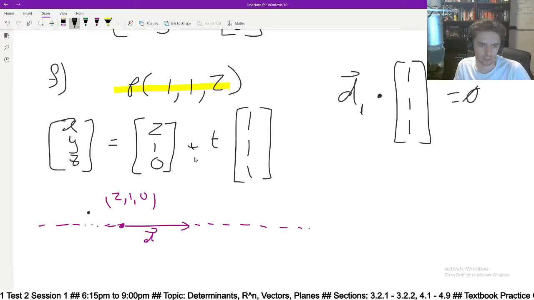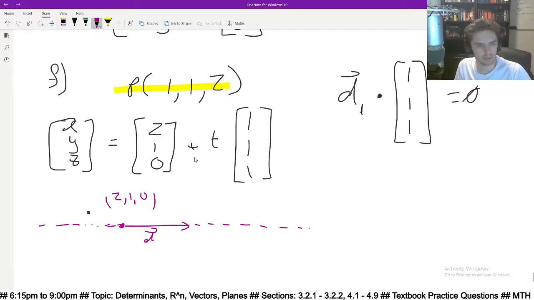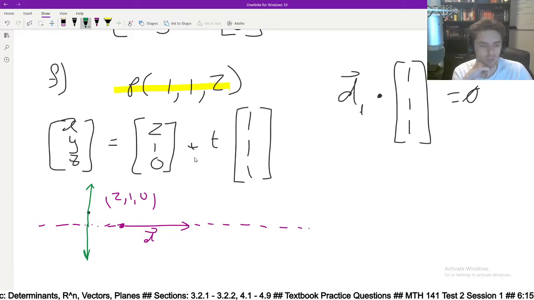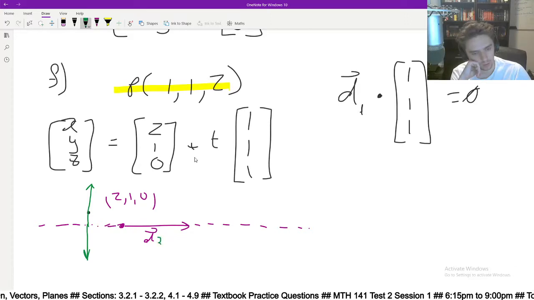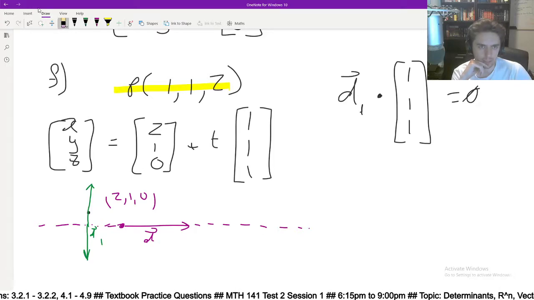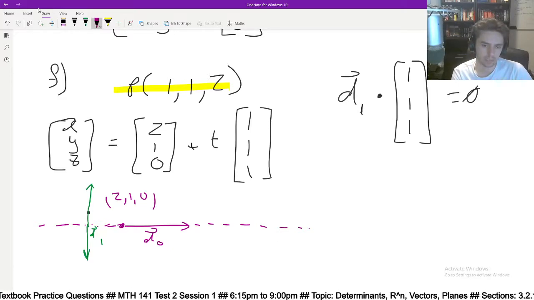And it's perpendicular. So we're kind of looking for this line, right? So this is d1, our direction vector, or I guess I should call this d0, really. Our direction vector dotted with the other one has to equal 0 because they're perpendicular.